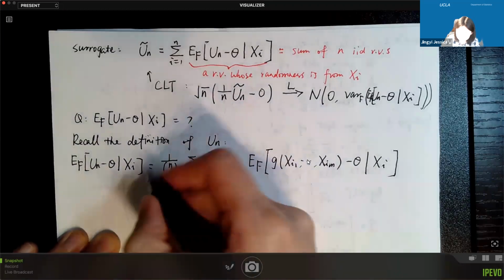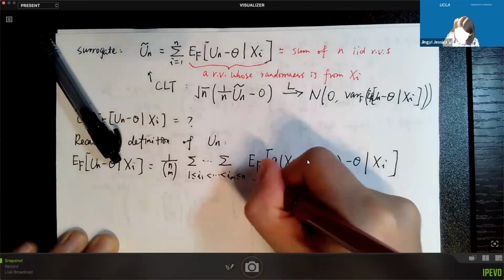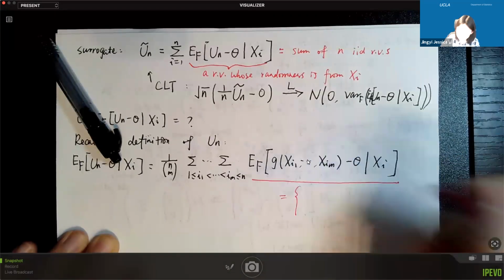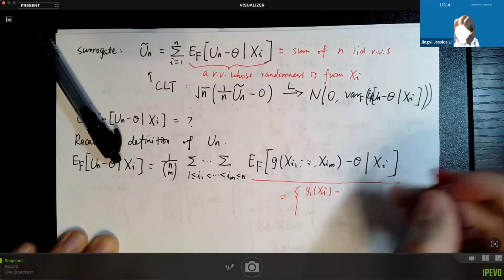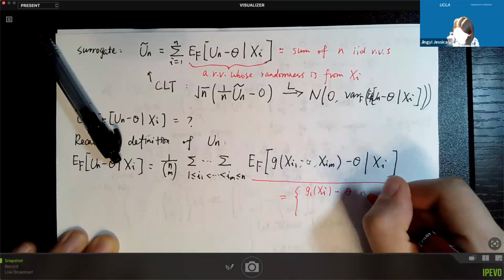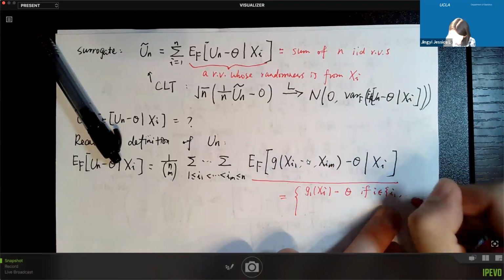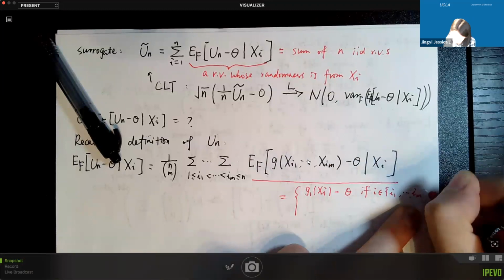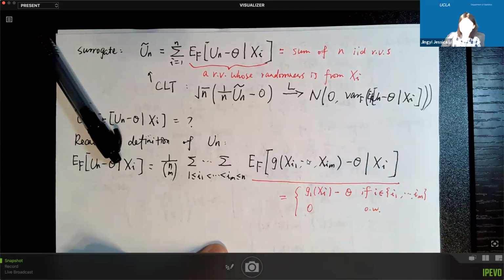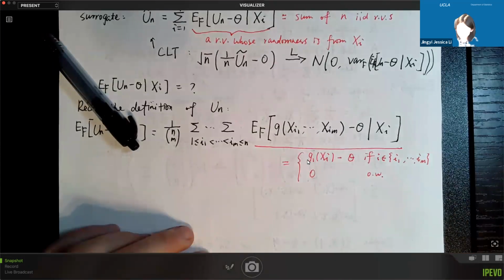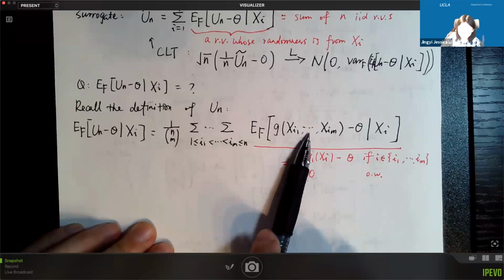So for this term, I need to consider two cases: it's either g_1(X_i) minus theta if i is among i_1 to i_m, or it's 0 otherwise. And for how many cases can I have X_i among one of them?